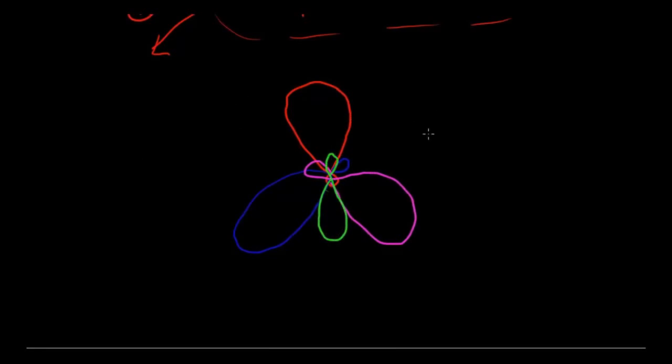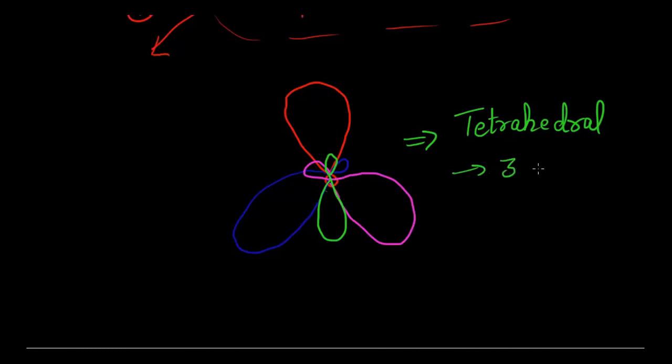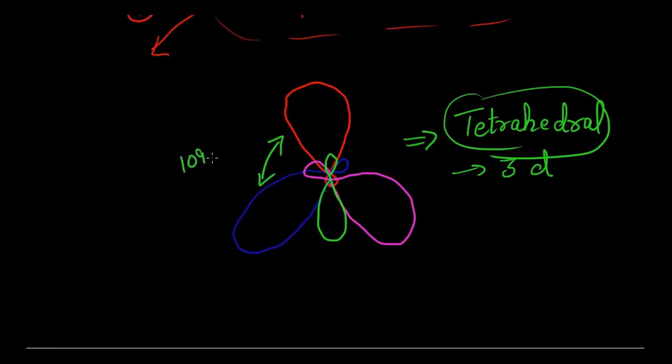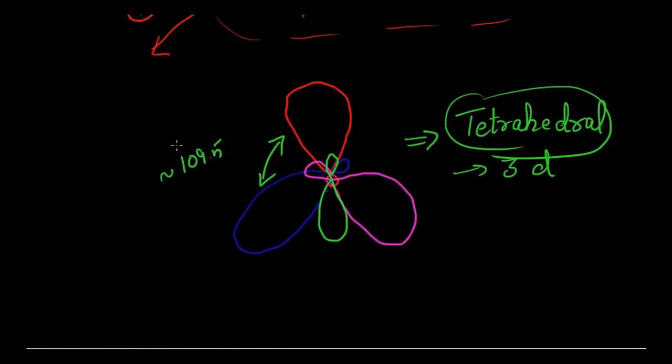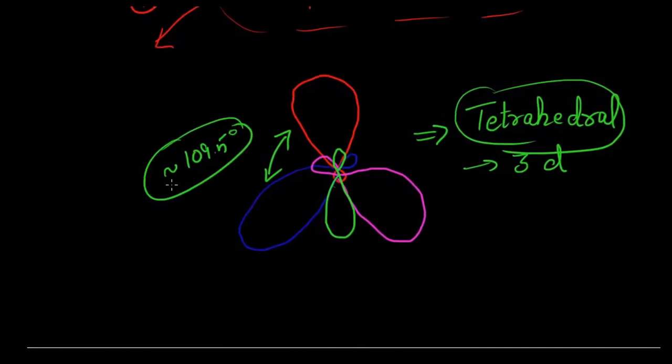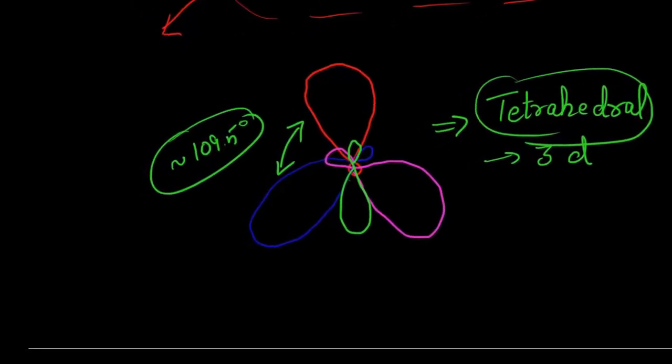So this gives rise to a tetrahedral geometry. This is a 3D arrangement, and the geometry is tetrahedral where the angle is approximately 109.5 degrees.